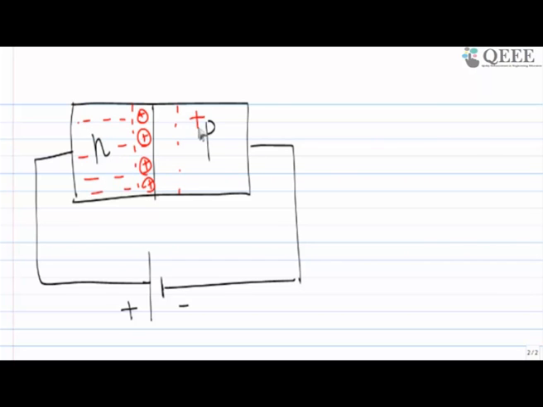Earlier it was this way. So near this junction, you are going to see the electron hole pairs, and there is a recombination. There is a region which is called the depleted region.